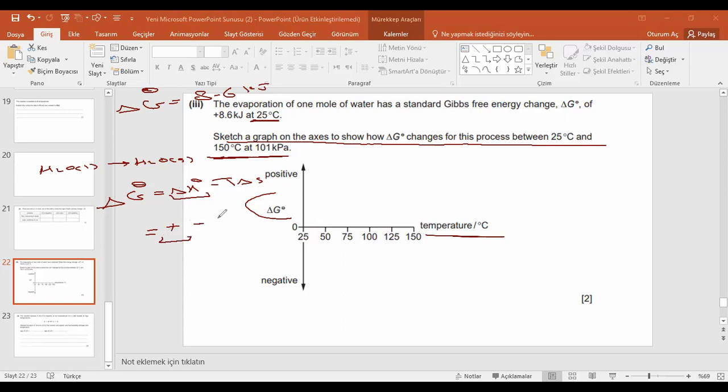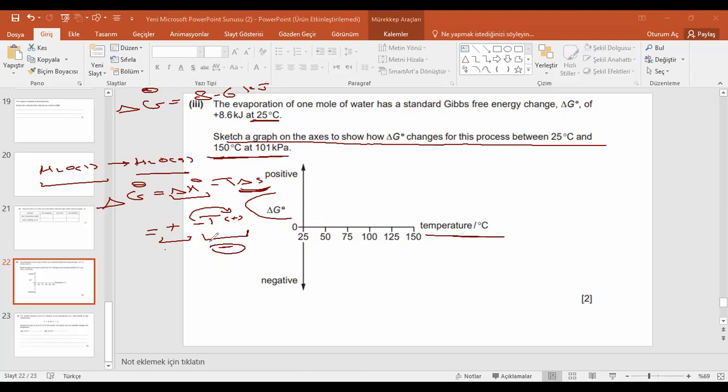Minus T delta S. Delta S here, guys, is what? Think about it. We are moving from liquid to gas. That means the entropy change here is positive, right? So look, guys, this side is positive and this side will always be negative, because this negative will be multiplied by the positive sign here.